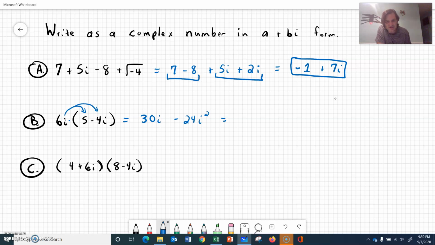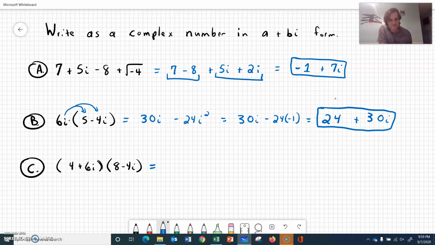But keep in mind that we'll have 30i, but i squared is negative 1. So that'll be 30i minus 24 times negative 1. The negative 24 times negative 1 is actually positive 24. That's the real part, that's the a. And the 30i is the imaginary part, that's the b, the 30. Okay, so 24 plus 30i.